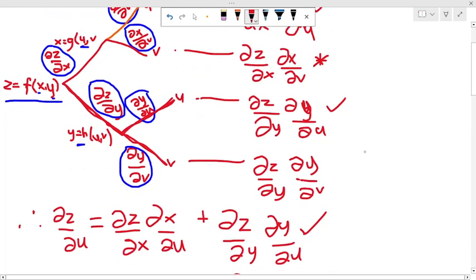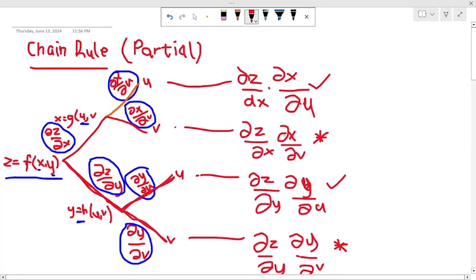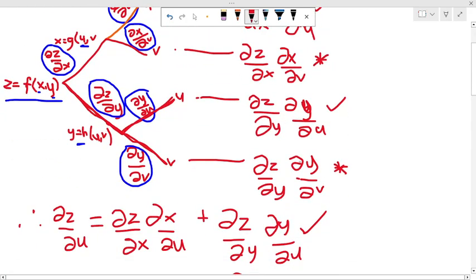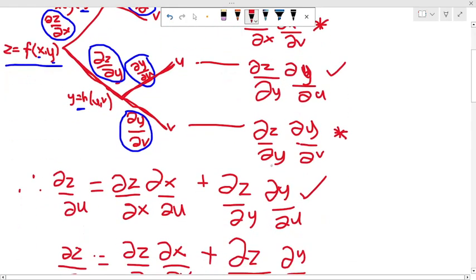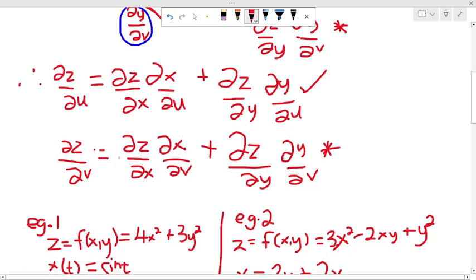So therefore giving us this expression. Now having this expression in terms of x and this expression in terms of y, when we combine those two expressions together, we end up getting this equation to be the partial differential of z with respect to v.